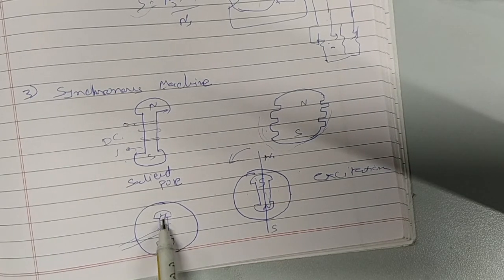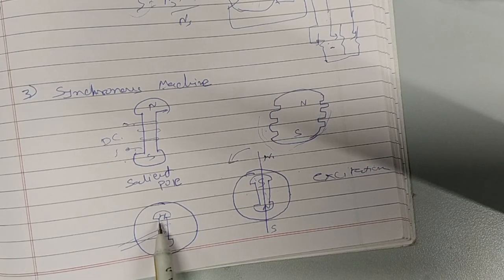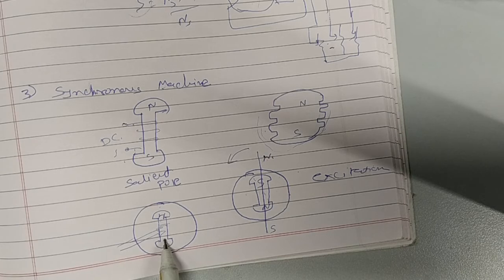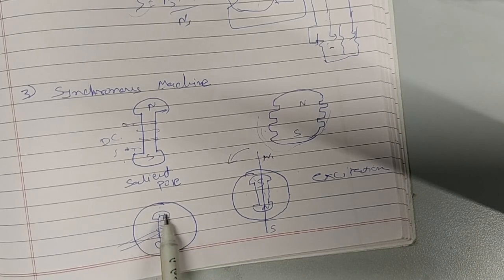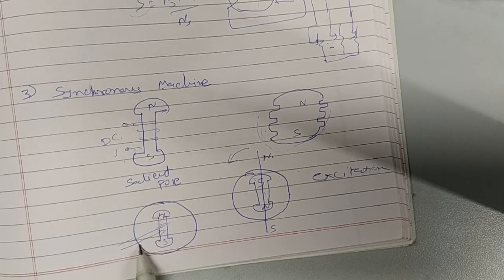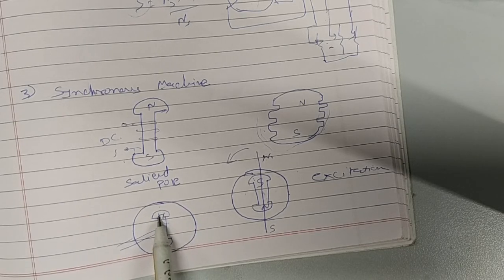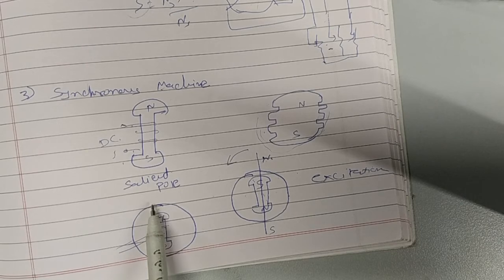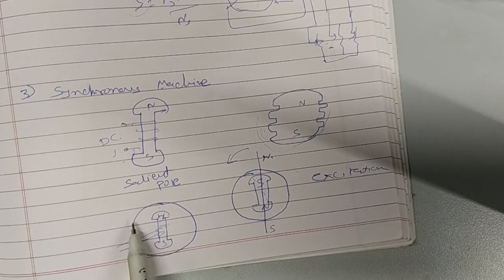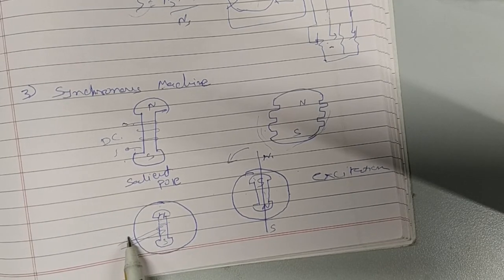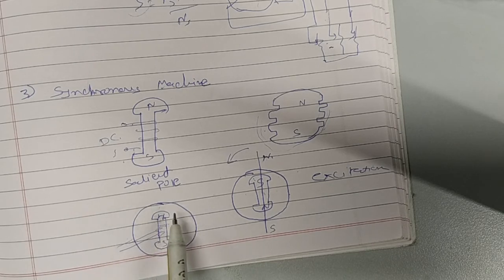So the rotor is also having its own flux, its own poles, with some axis. As we give the mechanical input, the pole rotates, so that the stationary conductors in the stator cut this flux and produce some EMF, according to Faraday's law of electromagnetic induction.